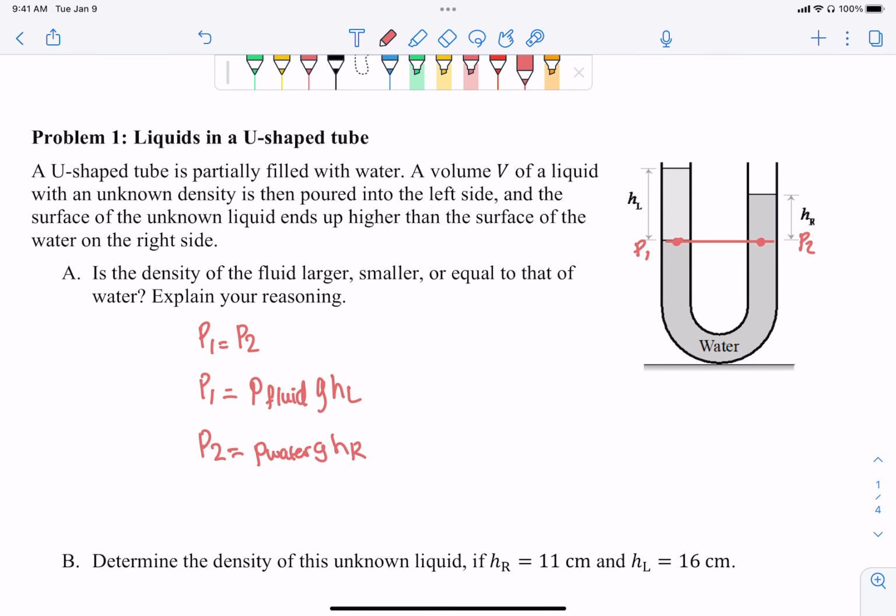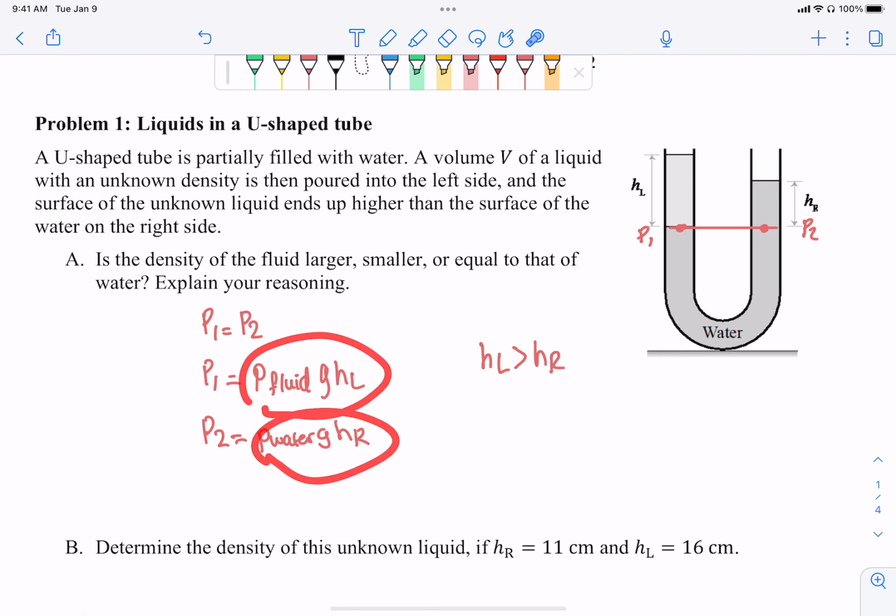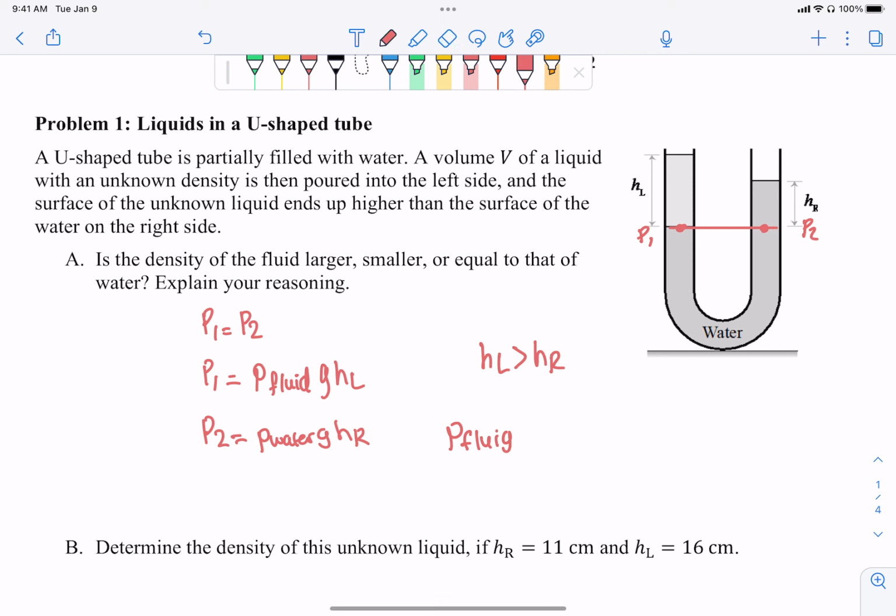And so since we know that HL is greater than HR, and these pressures are equal to each other, if we substitute these values into this equation, kind of like Husmeek said, we'd have rho fluid g HL equal to rho water times gravity times HR.